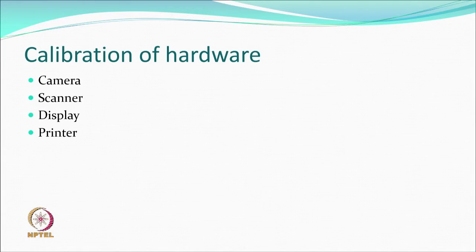So, what will be important for anyone in the standardization process is the calibration of the hardware. With the camera, some protocols must be followed. A scanner, some protocols must be followed. A display unit and a printer, all of them, if they are calibrated correctly from a universal point of view, because now somebody can send you a design through electronic means, a digital information, and then you have to convert and correct things.